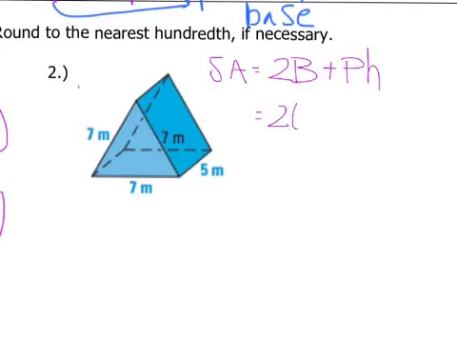We have a couple of things to find. We need to find the area of the base, the perimeter of the base, and then the one thing that we do know right away is the height of the prism. What is that?